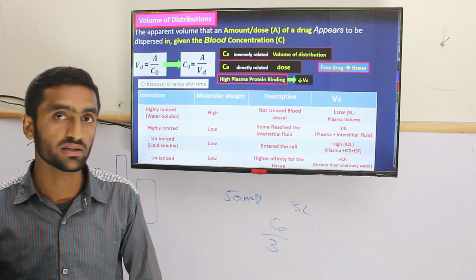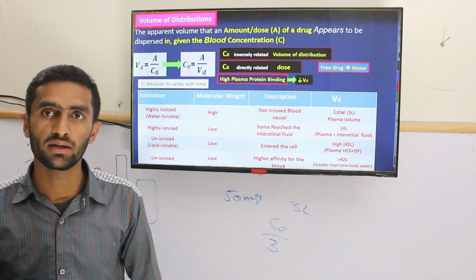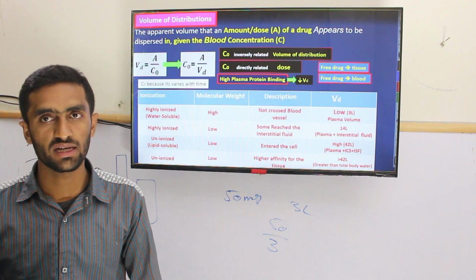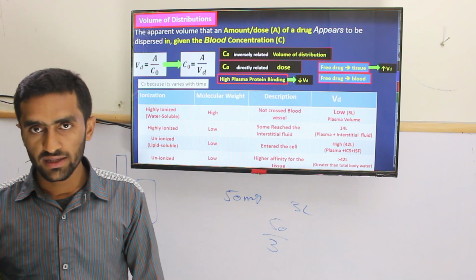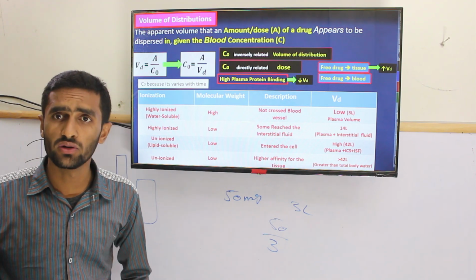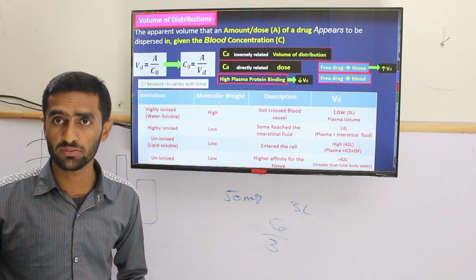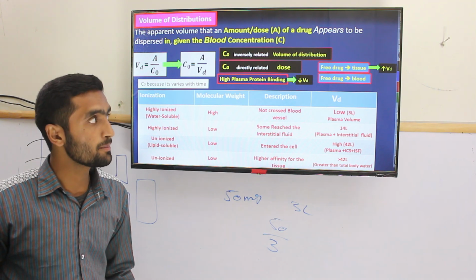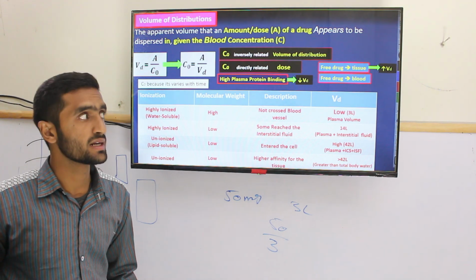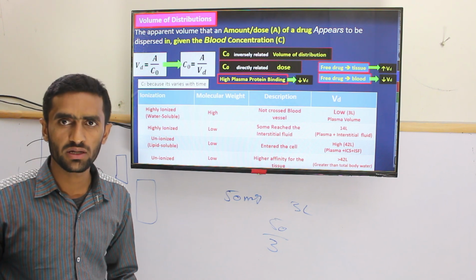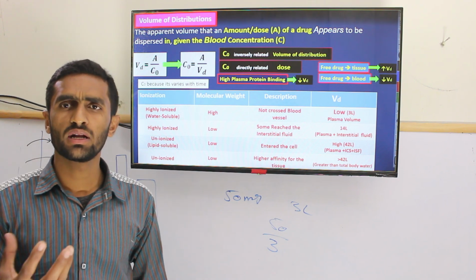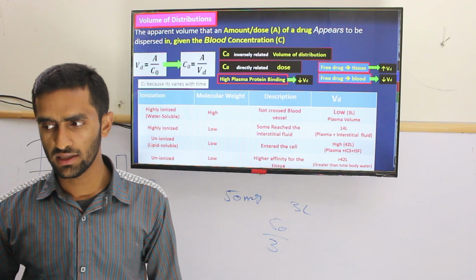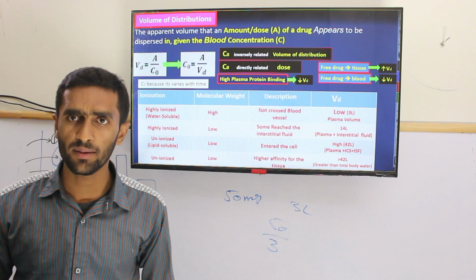If free drug enters tissue, it's going out of the plasma, so your volume of distribution is going to rise. But if it comes back to the blood, what then? Your volume of distribution is less, because you need a lesser amount of drug to maintain your plasma concentration, because some drug is already present in the blood.